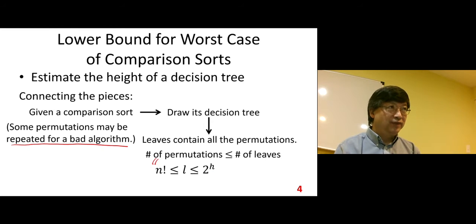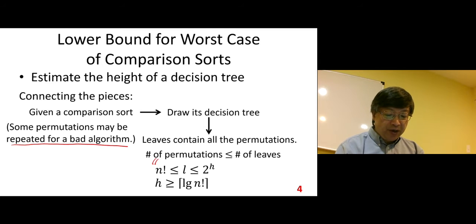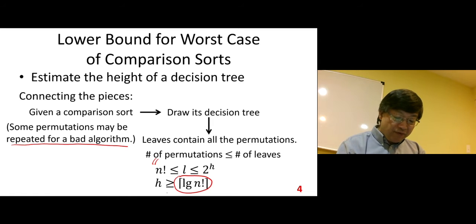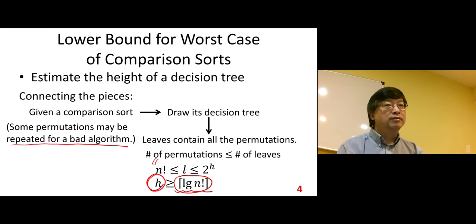If we take log base 2, we get h greater than or equal to the ceiling of log base 2 of n factorial. So here you can see we estimate the lower bound of h. This is the lower bound.